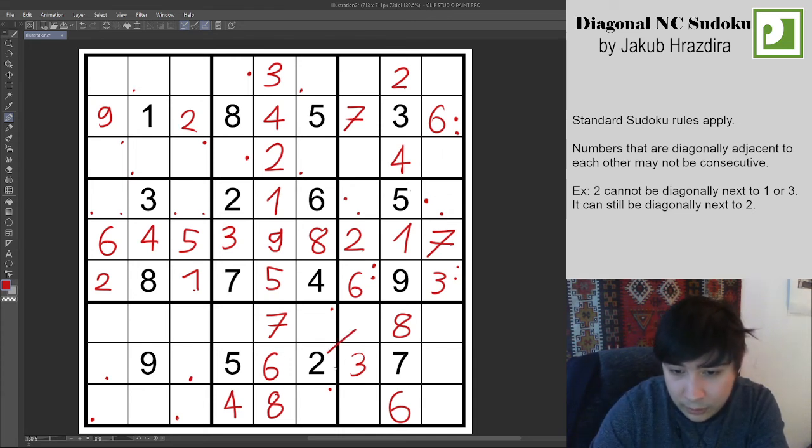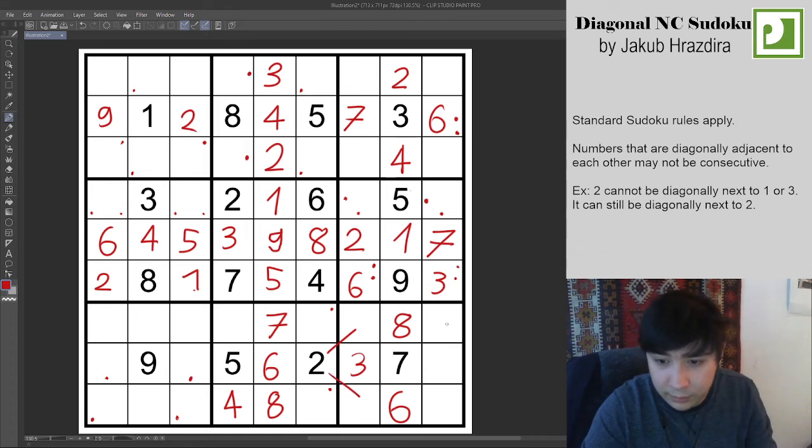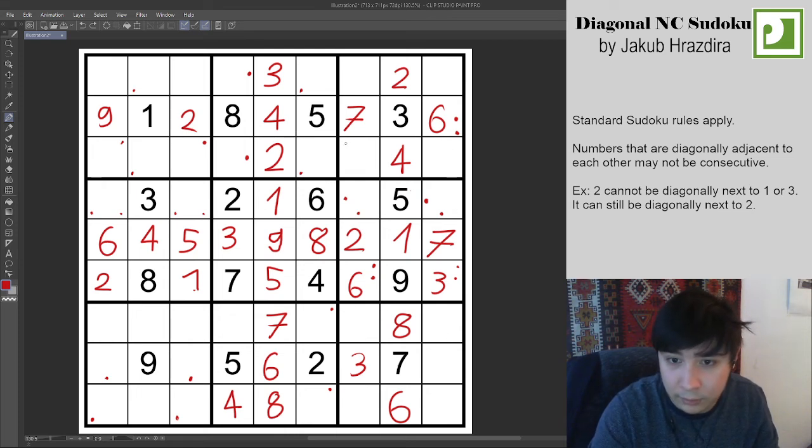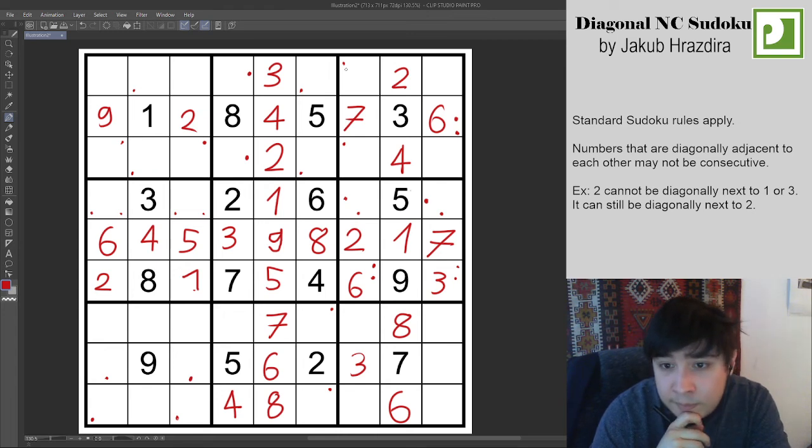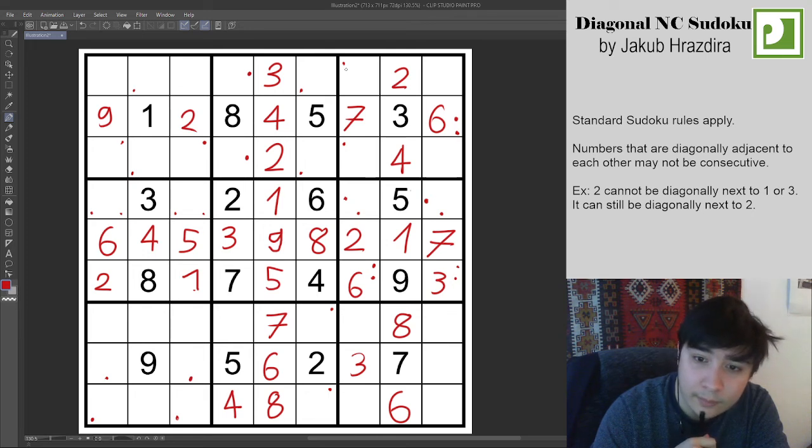This 2 is blocking 1s from being in these 2 positions, so we know the 1 is over here, which means we definitely have a 1 in one of these 2 positions. That's something. 5, 8, 9. Those can still be anywhere in the top left. I don't see anything restraining those. Although the 5 cannot be diagonally adjacent to the 6, but that's just not a lot.